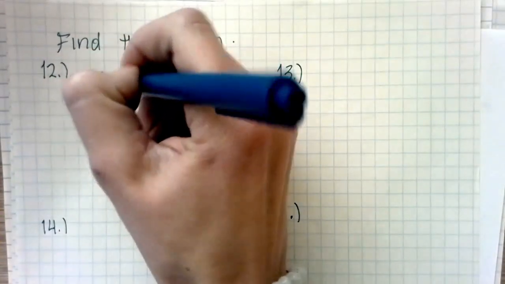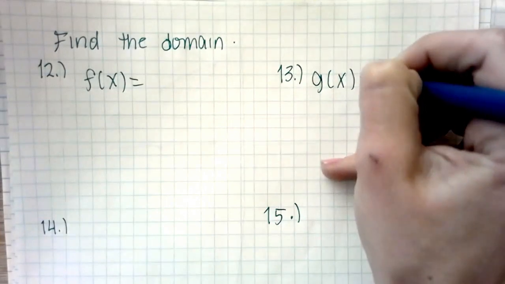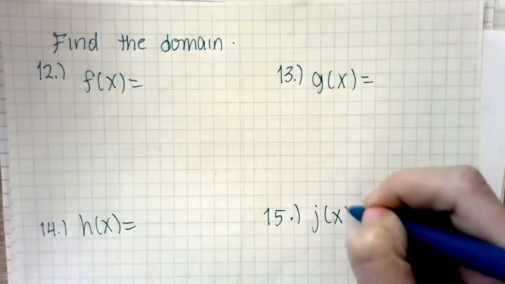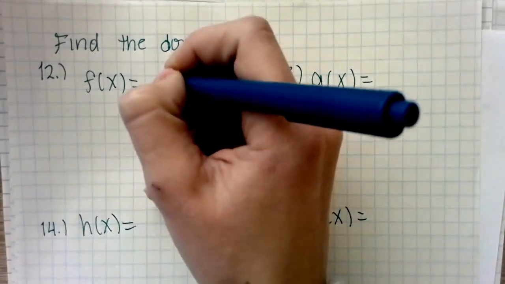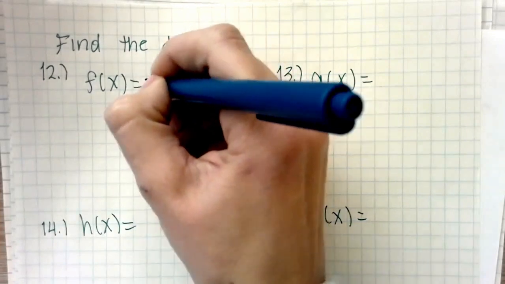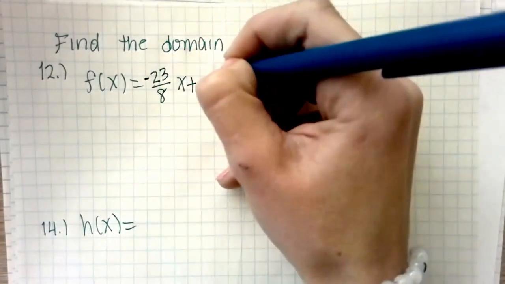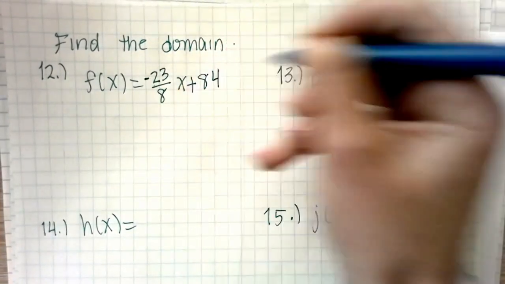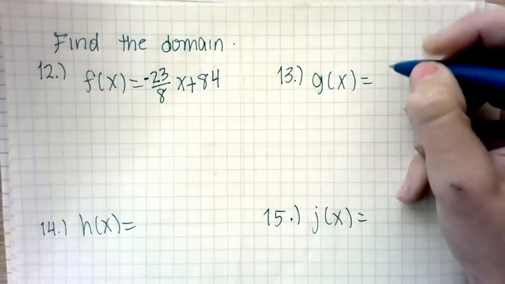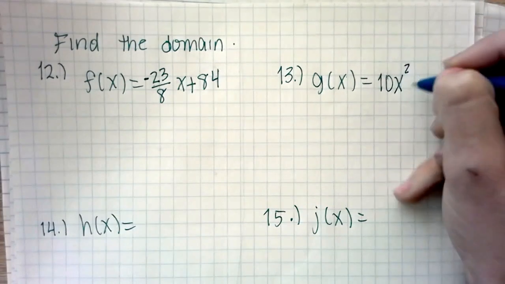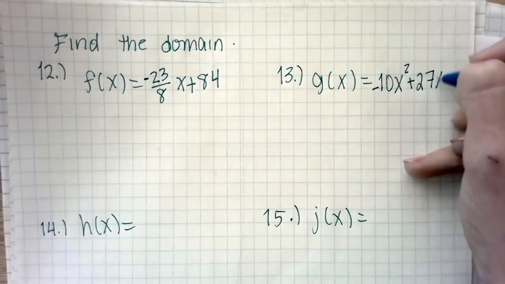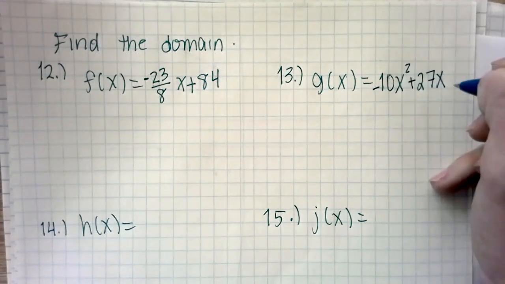Let's see. f of x equals, g of x equals, h of x equals, j of x equals. What can they be? f of x, maybe I give you negative 23 over 8x plus 84. There we go, 84. Find the domain of that. What about if I gave you negative 10x squared plus 27x? Good enough.